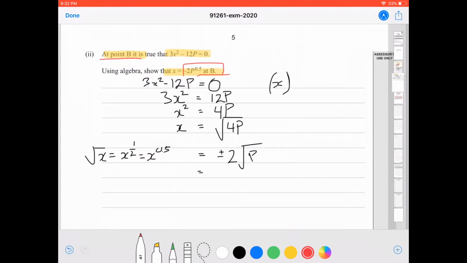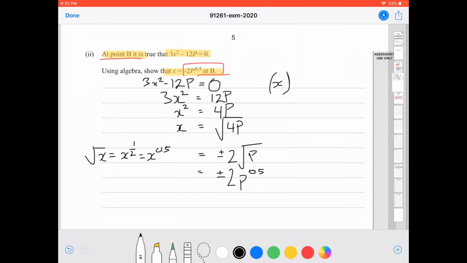So we've still got plus or minus here. We'll address that in the next step. Plus or minus 2p to the power of 0.5. Now, the question is asking us to show that x equals minus 2p to the power of 0.5 at B. We have plus or minus 2.